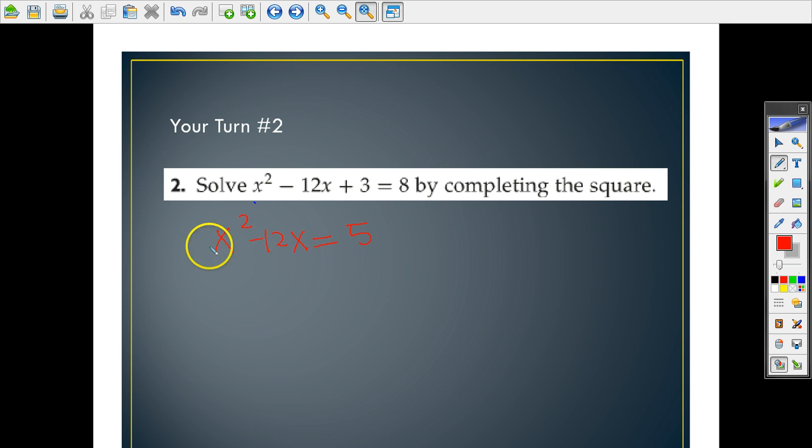Then make this into a square, and you'll have something like this. Then you'll get rid of that square by doing plus or minus the square root of whatever you had there. If you're not sure, rewind, pause the previous slide, and go through the steps that way too. Go ahead and do number 2, pause the video, and come back when you're done.